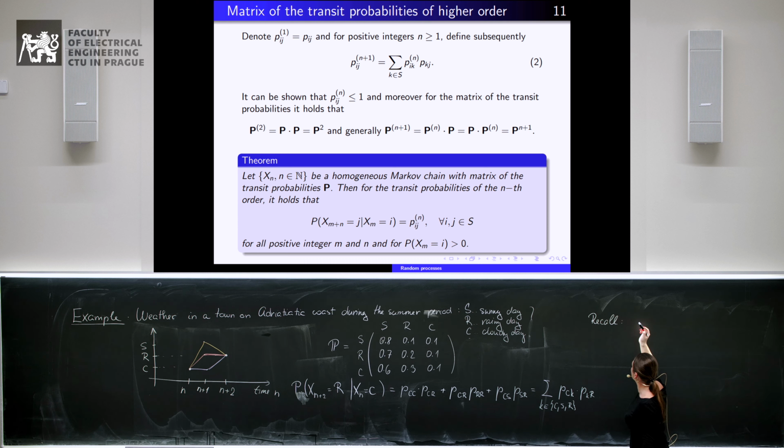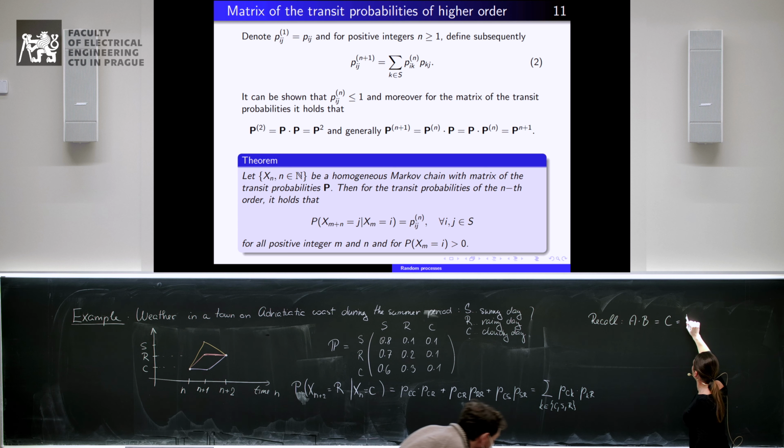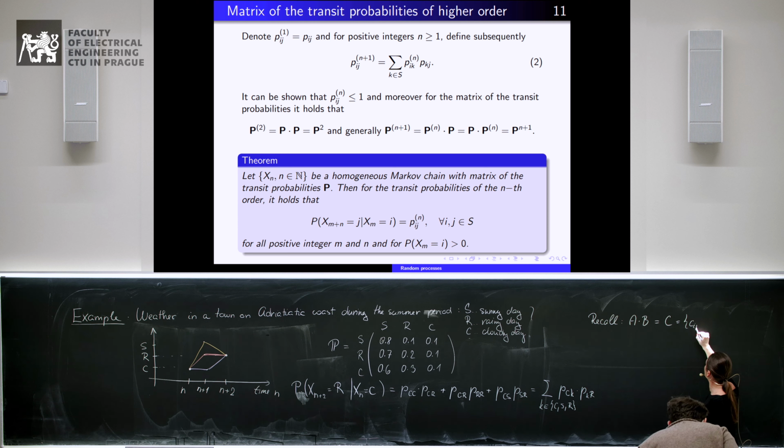When we calculate the product of two matrices, A and B, it is a matrix C, consisting of the elements Cij.